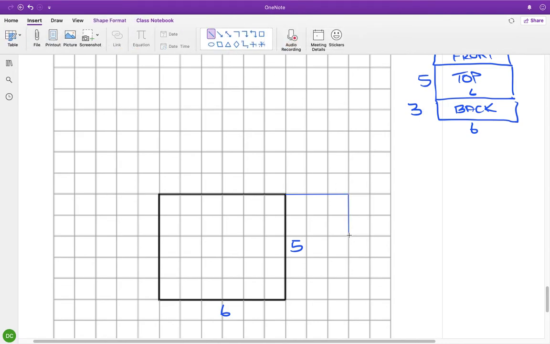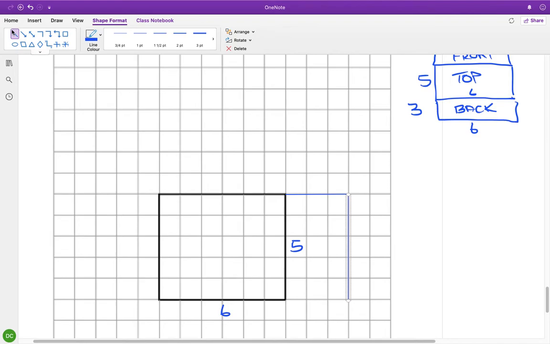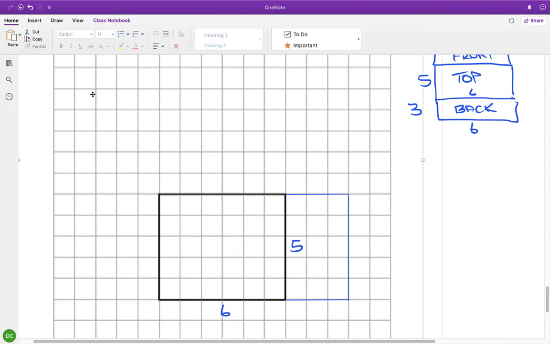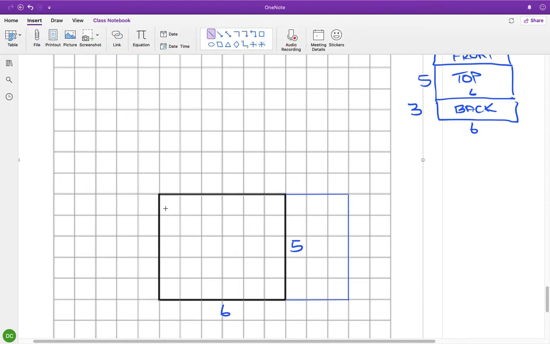And then down 6. And then across. There you go. And then the same on this side. So it goes out 3.